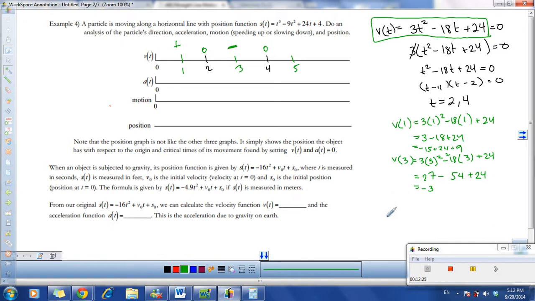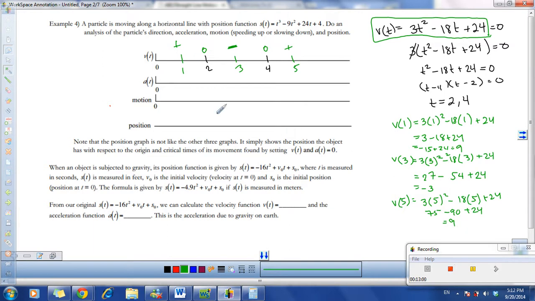And then at 5, v of 5 equals 3 times 5 squared minus 18 times 5 plus 24. 5 squared is 25, so 75 minus 90 plus 24. 99 minus 90 is 9. So a positive right there.